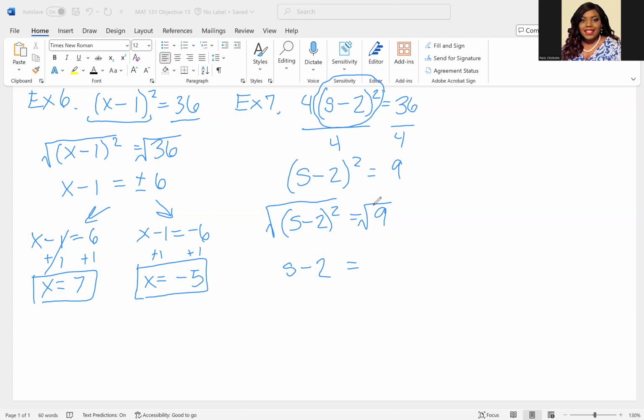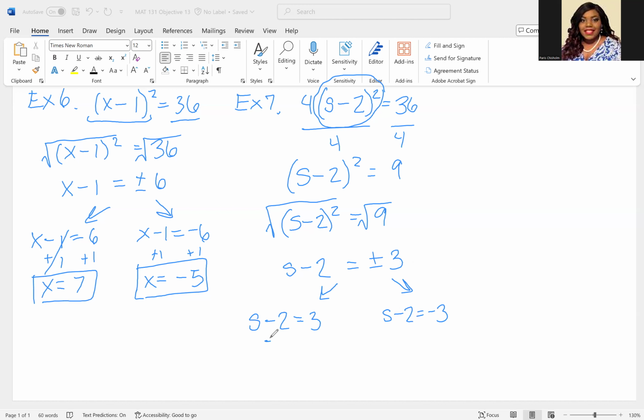And then the square root of 9 is going to be plus and minus 3, okay? So that means I'm going to have to break this up into two problems: s − 2 equals 3, and s − 2 equals negative 3, okay?